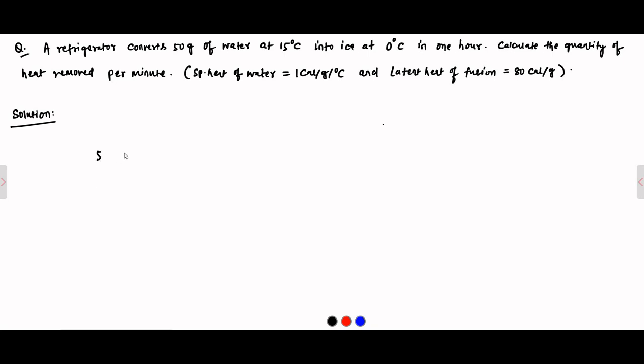let me use a different ink, okay. 50 gram of water at 15 degrees Celsius is first converted into 50 grams of water at 0 degrees Celsius.